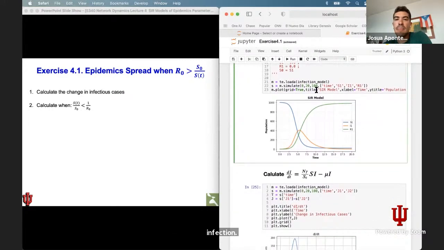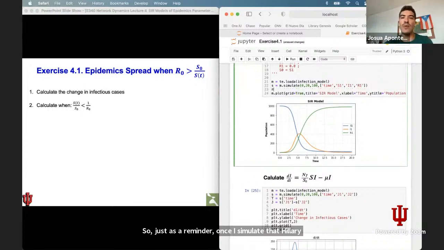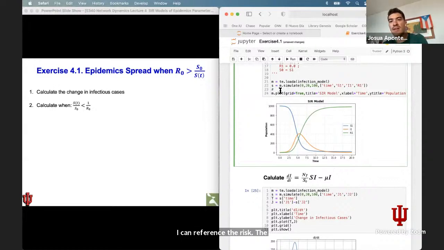Now, just as a reminder, once I simulate the tellurium model, I can reference each of the time series for each of the variables using a simple syntax like this.